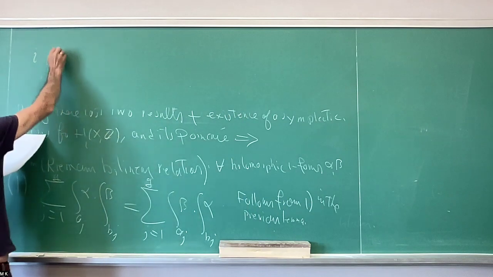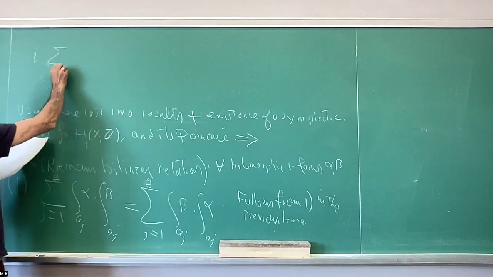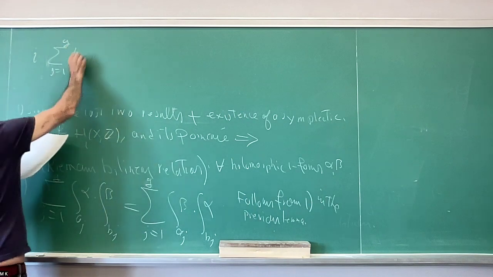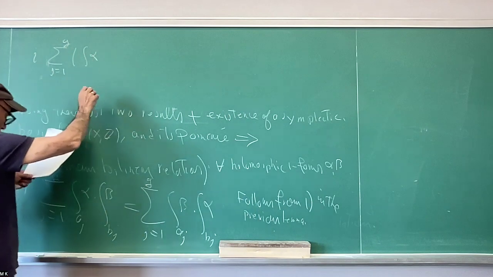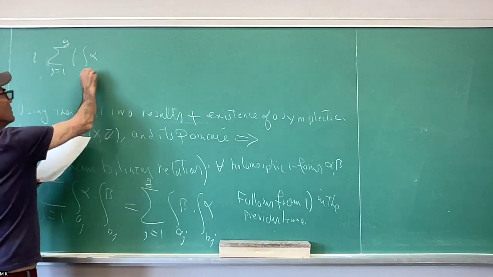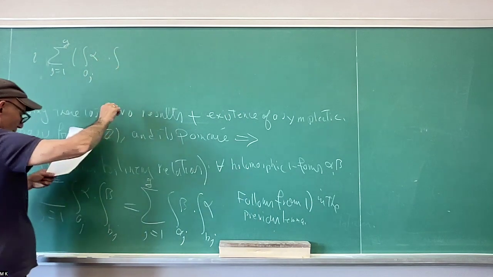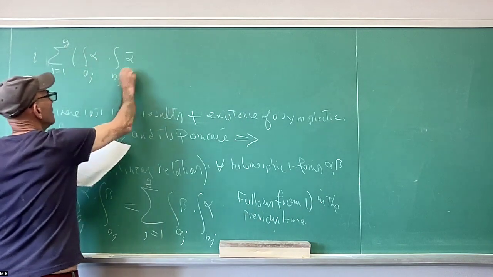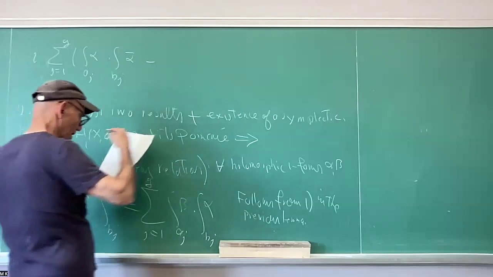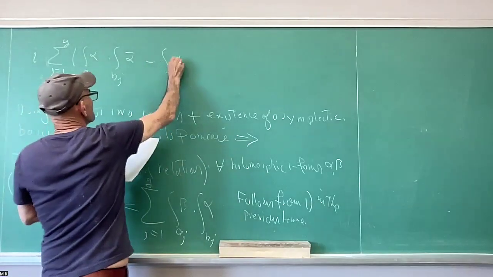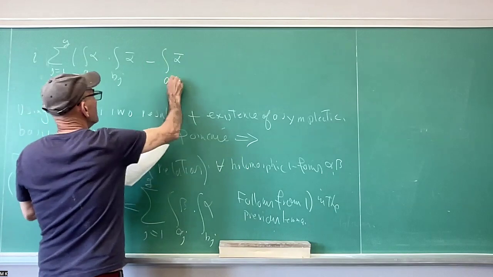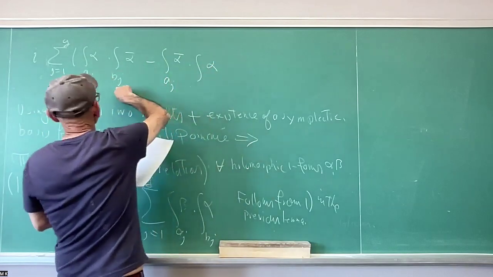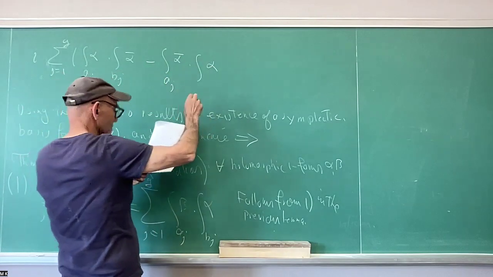I times the sum over j from 1 to g of the integral of alpha over aj times the integral of alpha bar over bj, minus the integral of alpha bar over aj, changing the order, times the integral of alpha over bj.